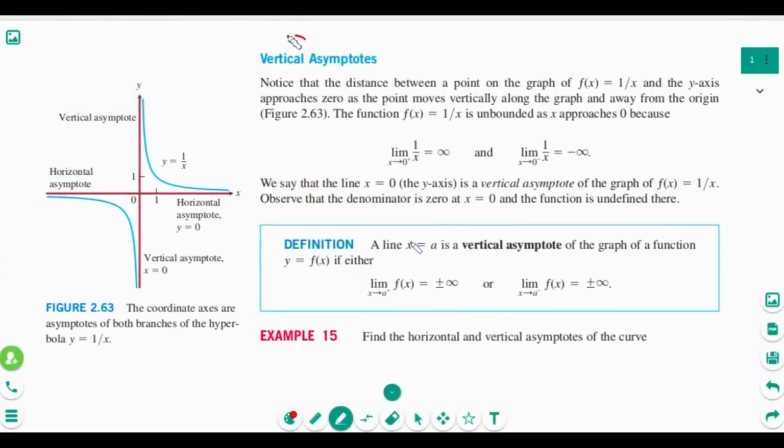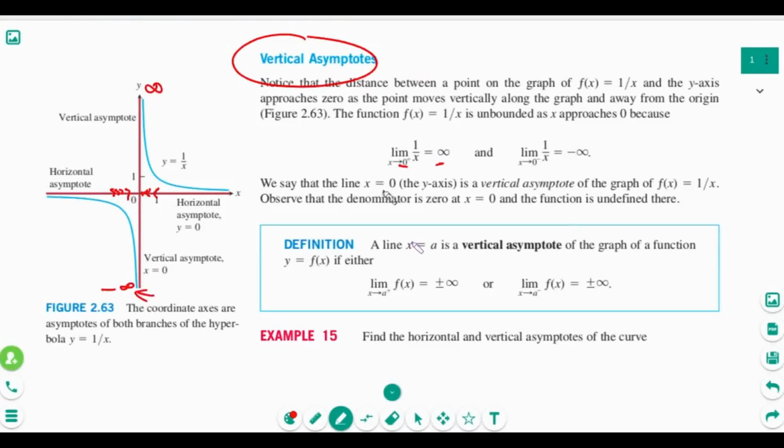So for the vertical asymptotes, as x tends to 0 plus, the function leads to infinity, and as x tends to 0 minus, the function leads to minus infinity.